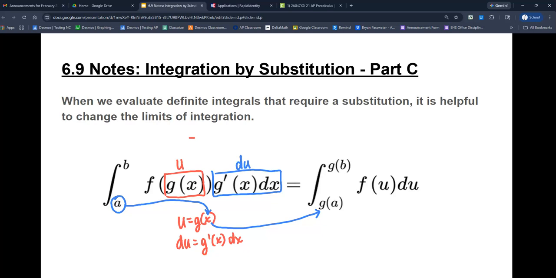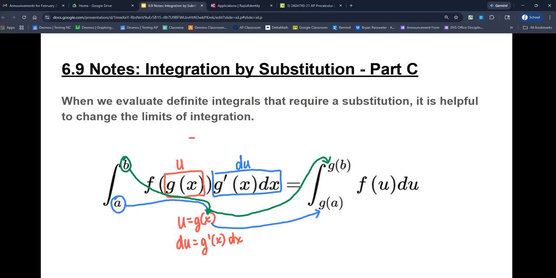Now you've got a u value right there. And then we can do the same thing with our upper limit. We're going to take the b, plug it into our g of x, and use that number up here. If you integrate this way, everything is in terms of u, and you don't ever have to put the x's back in.